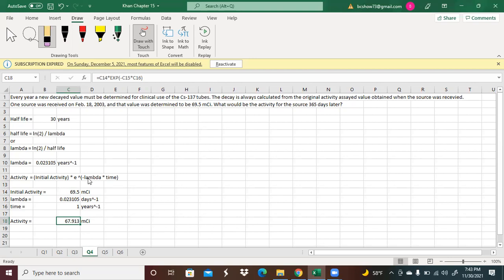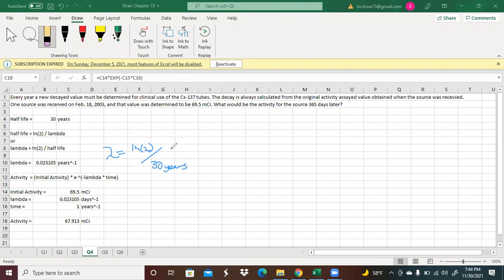So again, what we're going to be looking at here is determining the half-life in order to get to lambda. The half-life, if you look that up, is going to be 30 years. The half-life is equal to the natural log of 2 divided by lambda, or lambda is equal to the natural log of 2 divided by the half-life. So lambda is going to be equal to the natural log of 2 divided by 30 years.